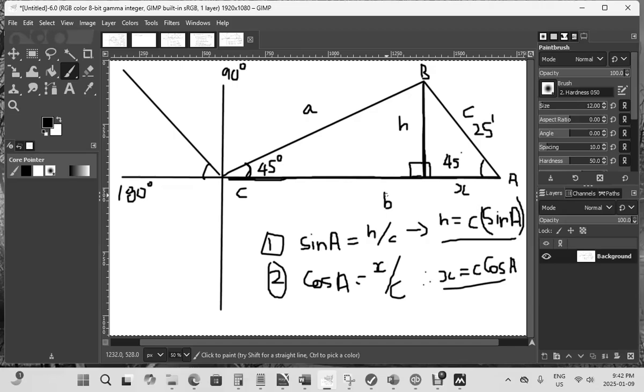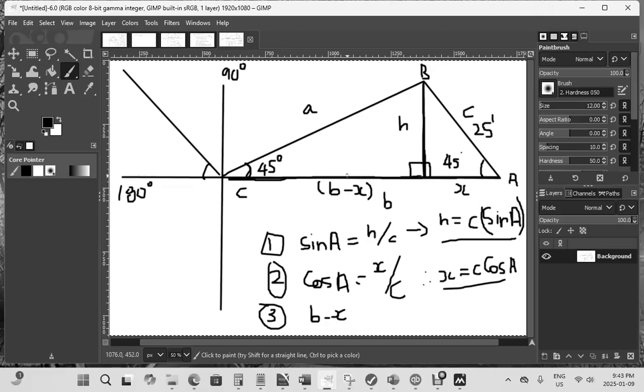We know that this side is the opposite of angle B, which means that this side will be B. So B minus X will give me this side over here.